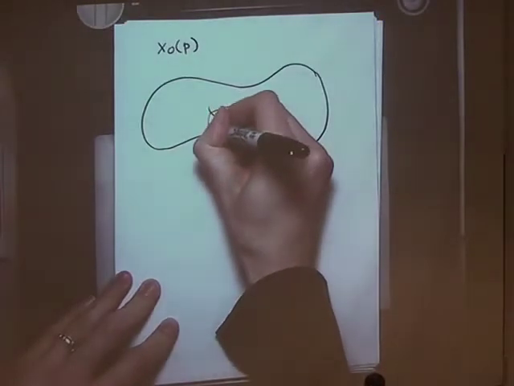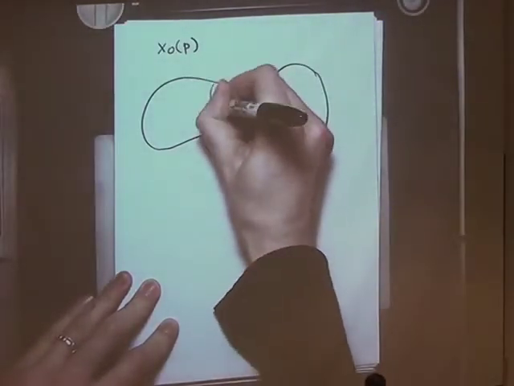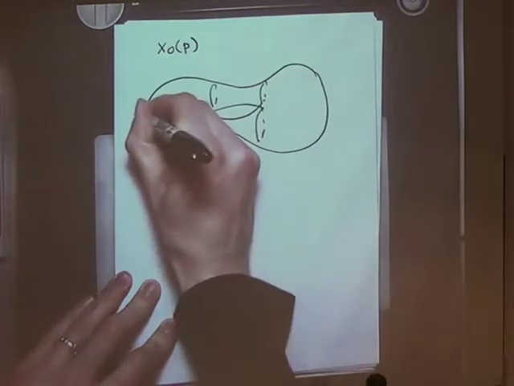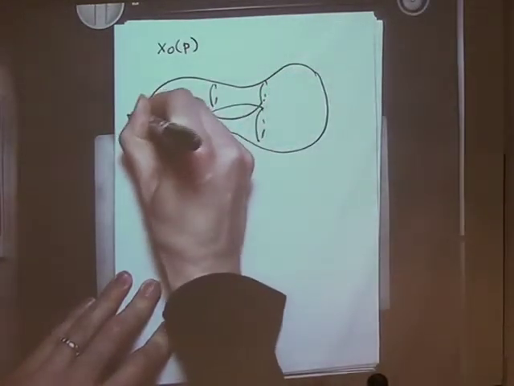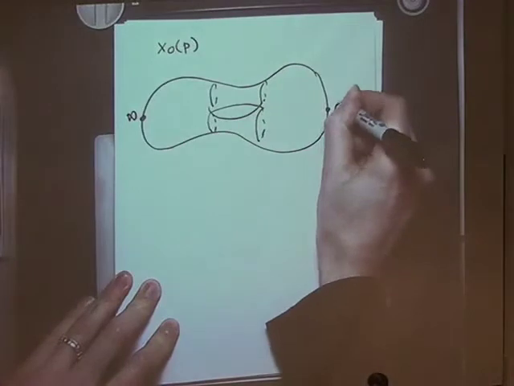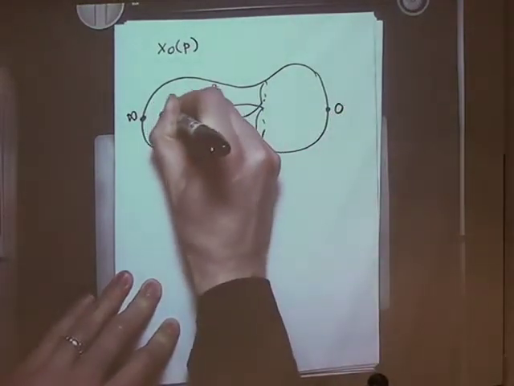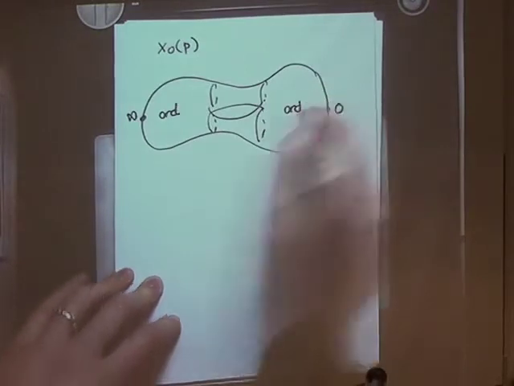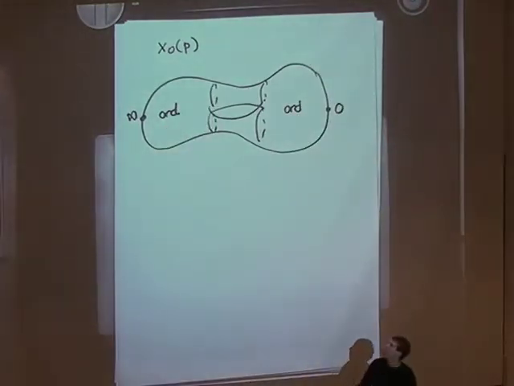So we might have a picture that looks a little like this. So this is X_0(p). Here we have one cusp, infinity. Here we have one cusp, 0. This is the ordinary locus. Now there's also some ordinary locus up the other side. This is the ordinary locus where the subgroup corresponds to the canonical subgroup, and this is the part of the ordinary locus in which it doesn't.